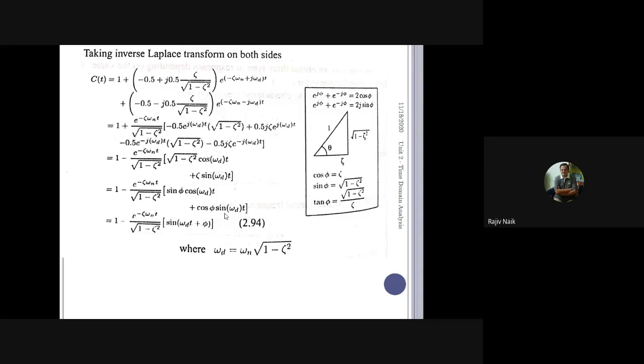But most of the time in the exam, if you see the old question papers for VTU as well as GIT, you will find most of the derivations are for first order system and second order only underdamped case with unit step input. So this is the derivation.